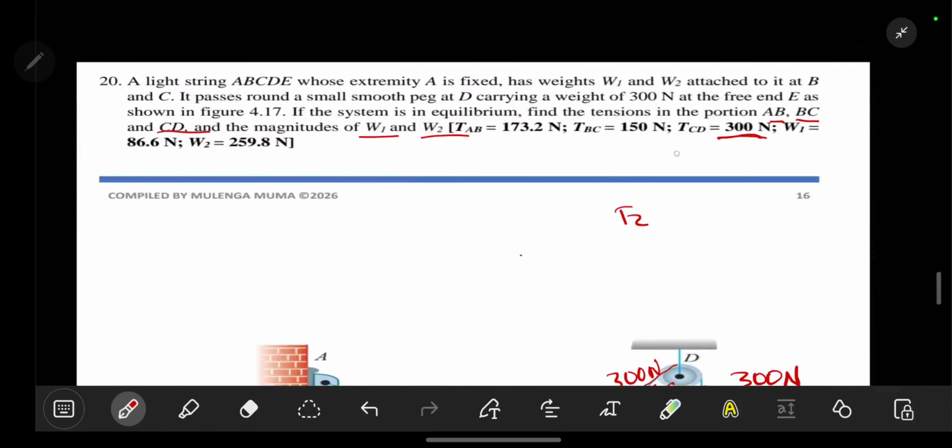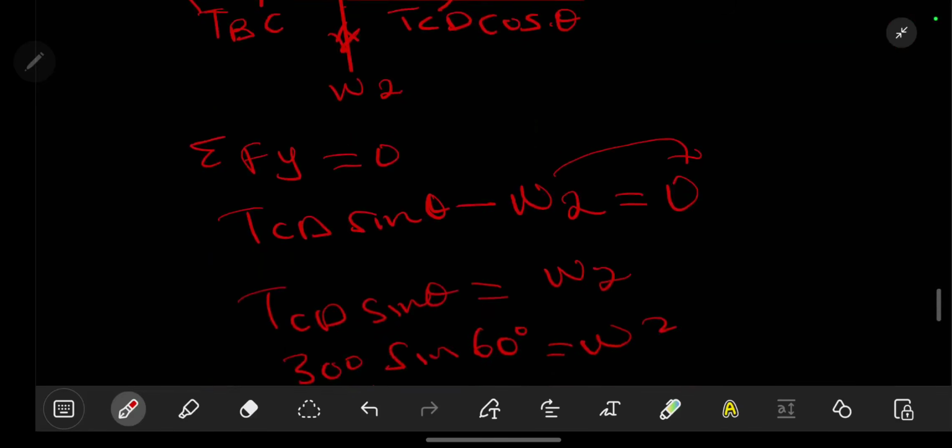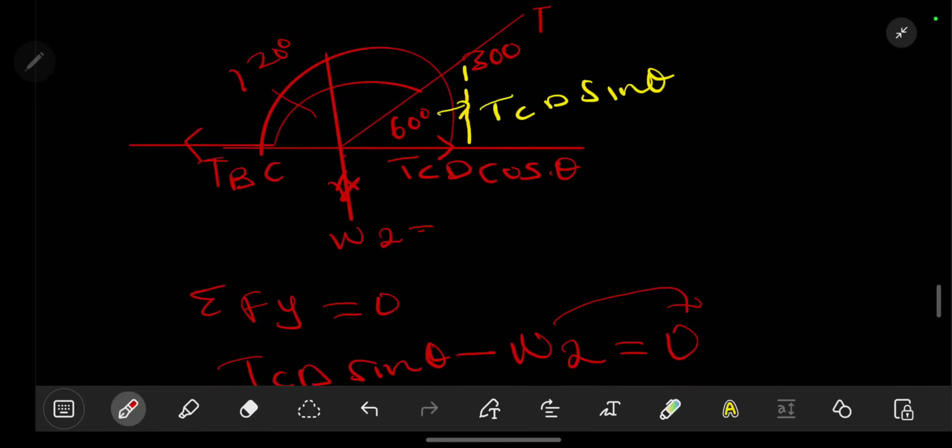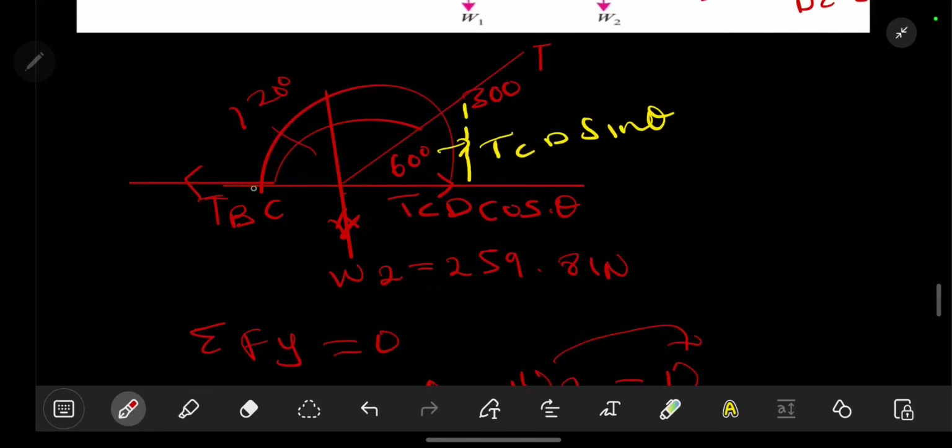If we check here, we are on the right track. We have 259.8. So we have found the weight to be 259.81 newtons.